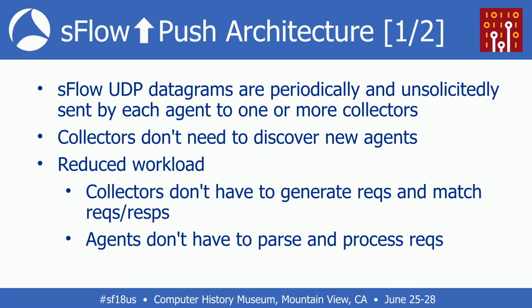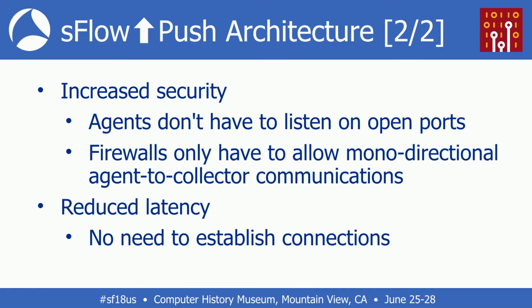And this also has a reduced workload, both on the collector side and on the agent side, because the collector doesn't have to generate requests or map requests with responses, whereas the agents don't have to listen for incoming requests. And this is very important, because it is also more secure to have a push architecture.